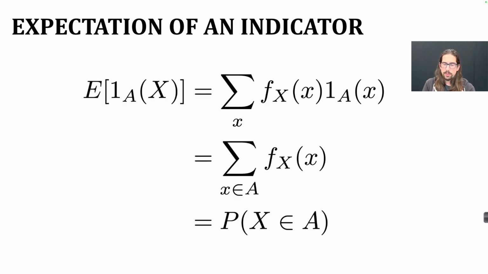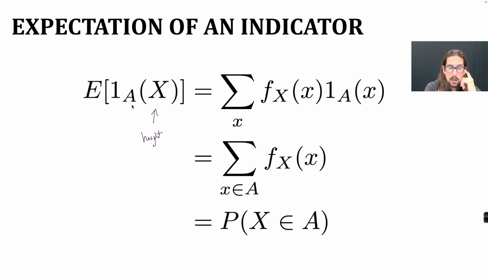Another kind of cute thing is that probabilities are actually expectations of particular transformations of random variables. Okay, so what do I mean by that? Let's say you have a random variable x. So this could be like height. Okay, it's an easy example.